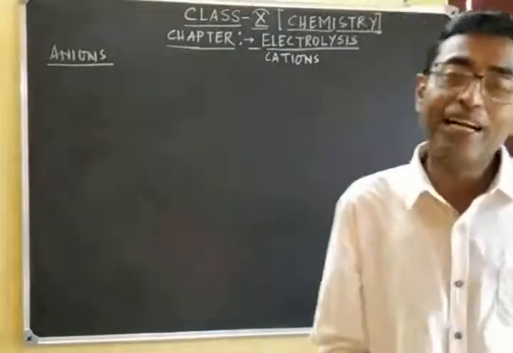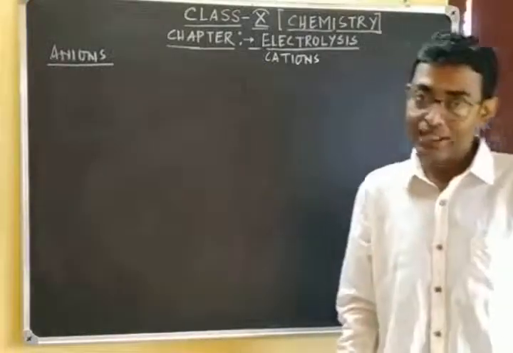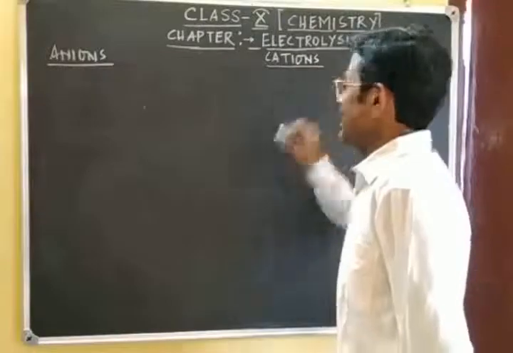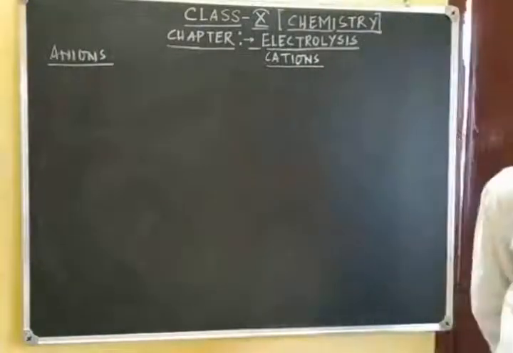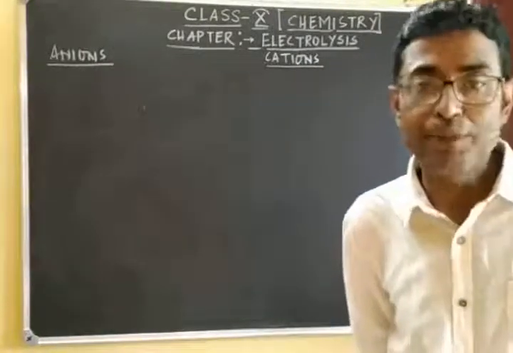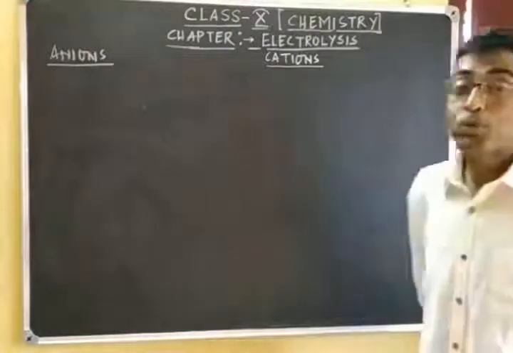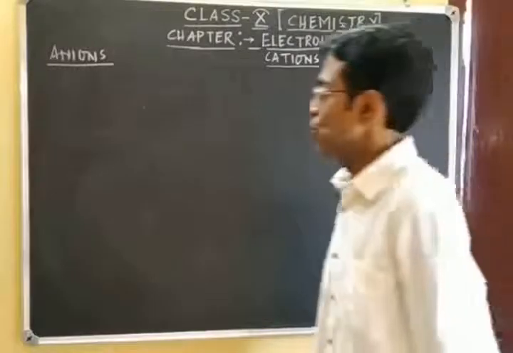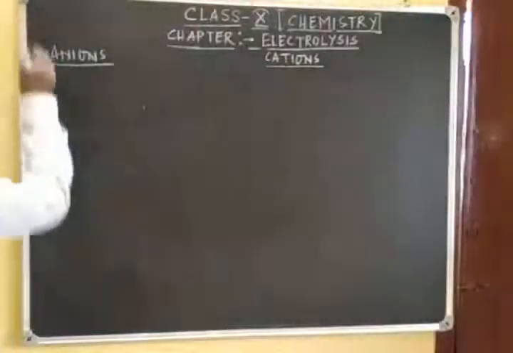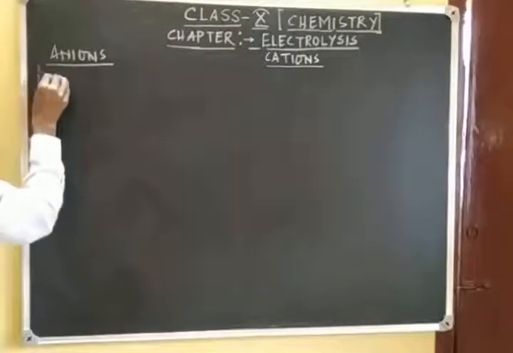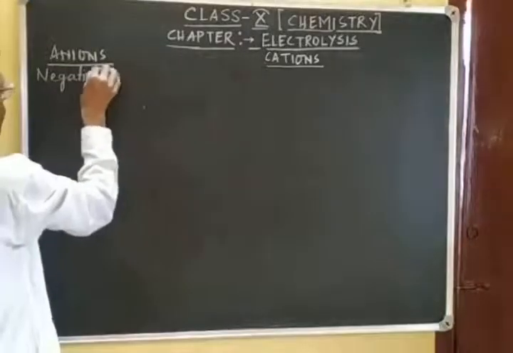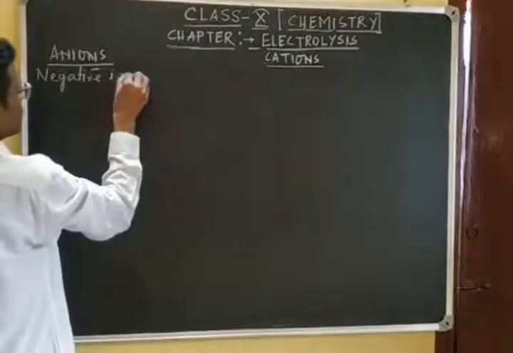And negative ions are always known as anions. And the elements which lose electrons in any chemical reaction form positive ions. Positive ions are called cations. So in anions we can write negative ions. Negative ions are called anions.